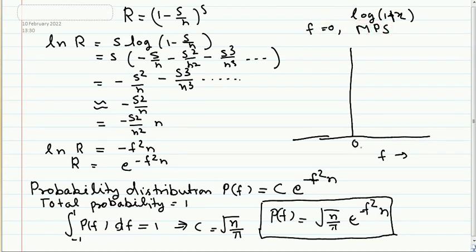So f more than 0 or f less than 0, for both cases the curve will look like this, the distribution function.